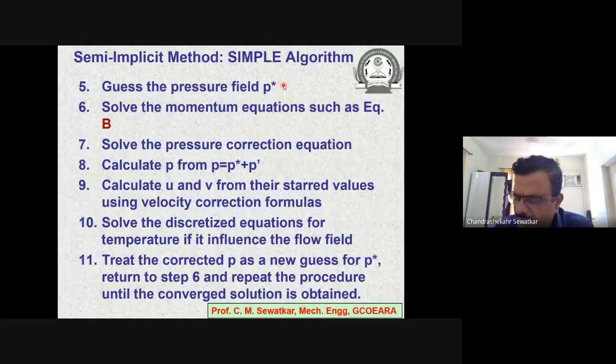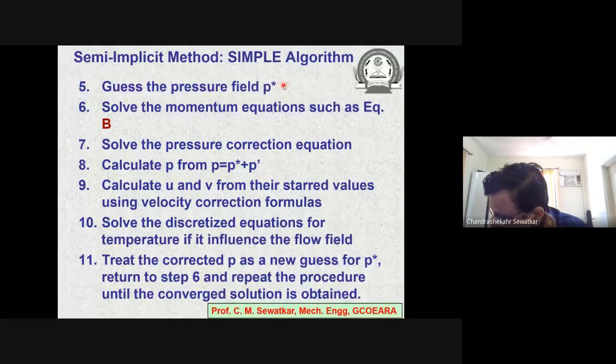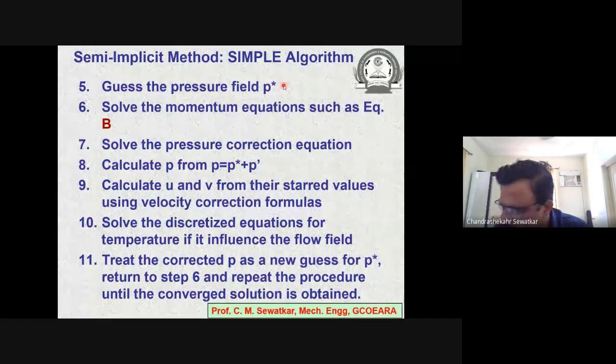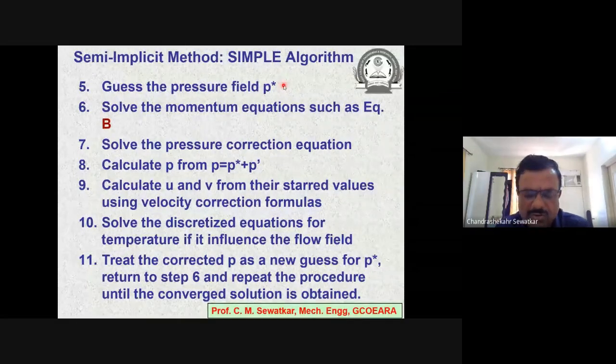Or if he goes for his MS, he will be immediately picked up for carrying out his PhD also. Students who are able to solve the entire Navier-Stokes equation using this methodology, and obtain the solution even for a lid-driven cavity flow problem, are in great demand today.